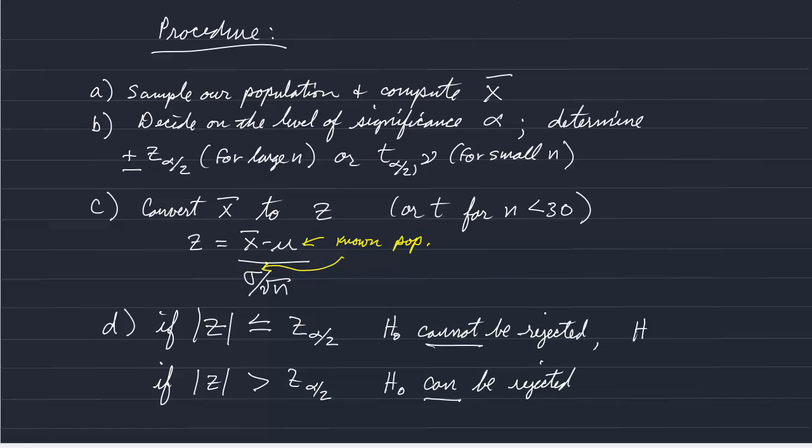Okay, so that's our strategy or our procedure. And so let's look at an example. And in this example, say we're given that the mean of our known population is 2.35 grams per cubic centimeter. This is following the example given in Wessel's notes, but I'm describing it in a slightly different way.